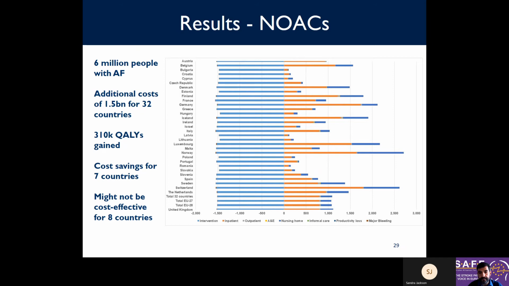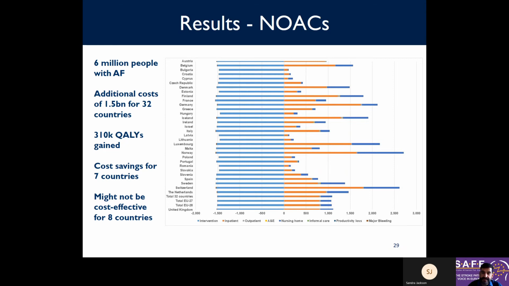As you can see from the graph, although NOACs generate cost savings as compared to our current treatment regimens, you can see that it would generate savings in terms of inpatient costs, i.e. preventing strokes, so fewer people are going into hospital. And we're also preventing people from having nursing care home use and need of informal care.